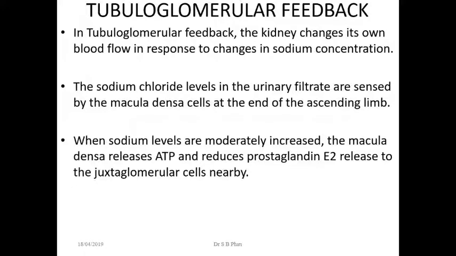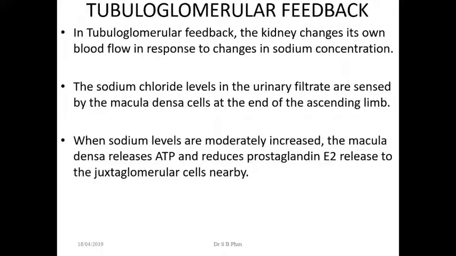So this is some kind of paracrine communication, whereby one cell is producing chemicals, which are called cytokines, then those chemicals will have an effect on the nearby cell. That is called paracrine communication. So if the macula densa cells are sensing a lot of sodium, they are going to release a lot of ATP, a lot of ADP, and they are going to reduce the production of prostaglandins.